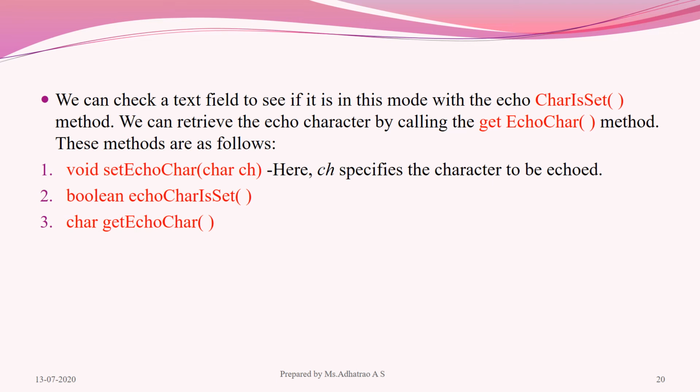Here we can set the echo character to whatever we want. The second is boolean echoCharIsSet(), and third, char getEchoChar(). So these are the methods used to set the echo char and retrieve the echo char. These methods are mostly used for the password type of text field.